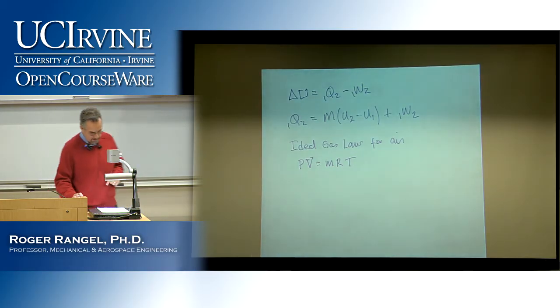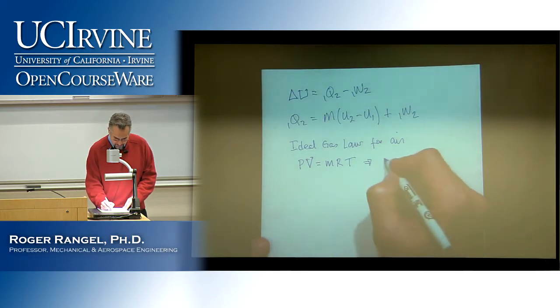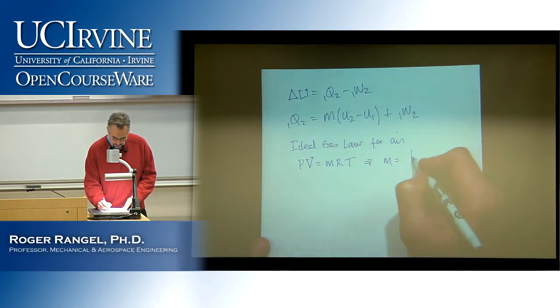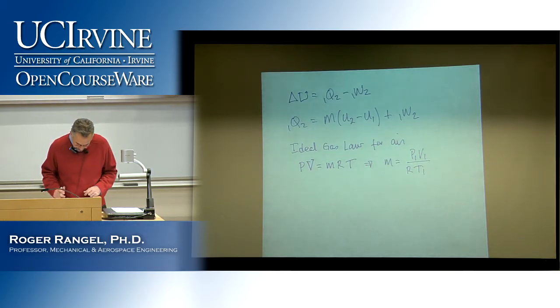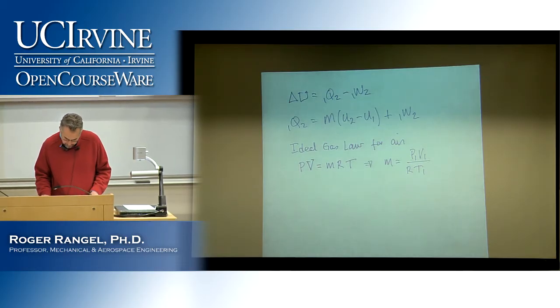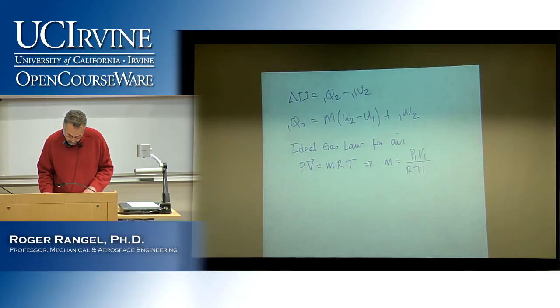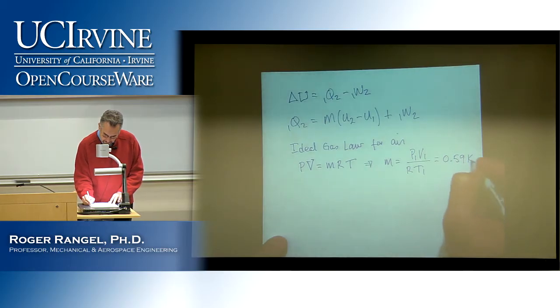R is the specific constant for air. So I can get the mass, m is P1 V1 over R T1. And all of that is given. You can read the constant for R in the table. And if you plug this in, you get 0.59 kilograms.